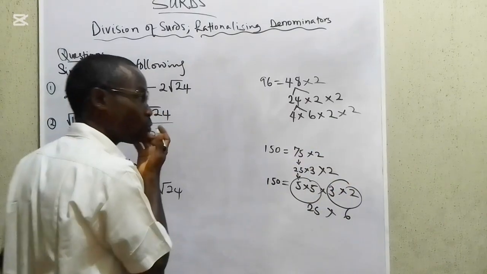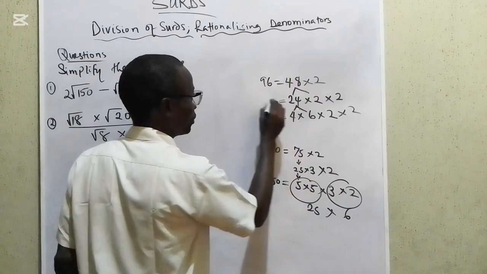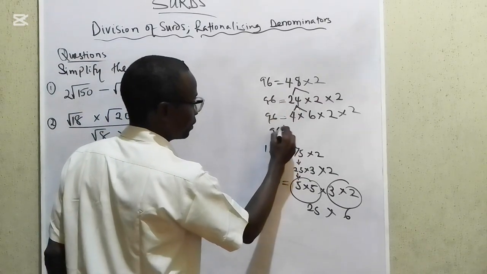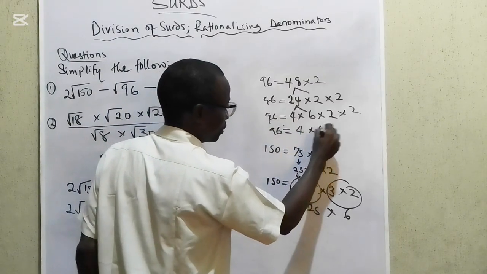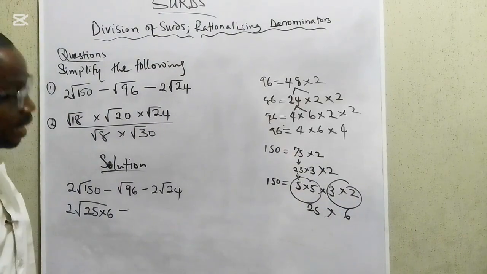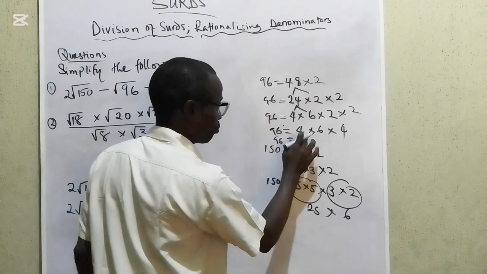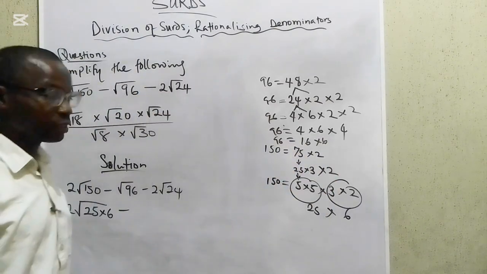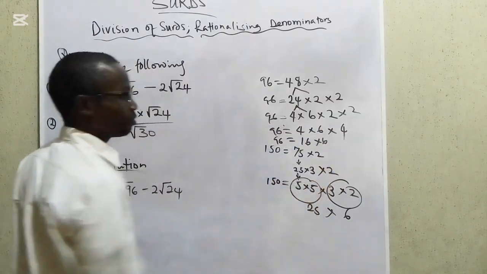So at the end of the day, what do we have? 96 is the same thing as saying 4 times 6 times 4, because 2 times 2 is 4, right? Yes. And 96 is still the same thing as saying 16 times 6, because 4 times 4 is 16. Am I correct? Yes, and then this 6 here.